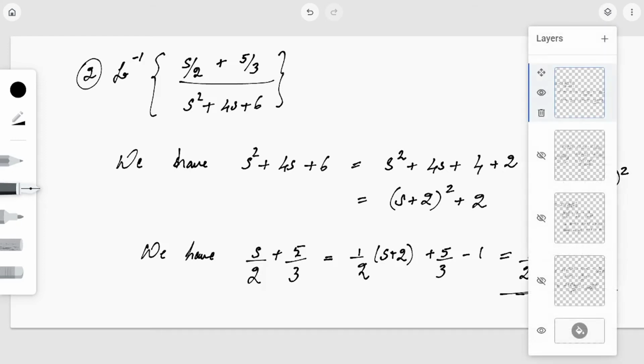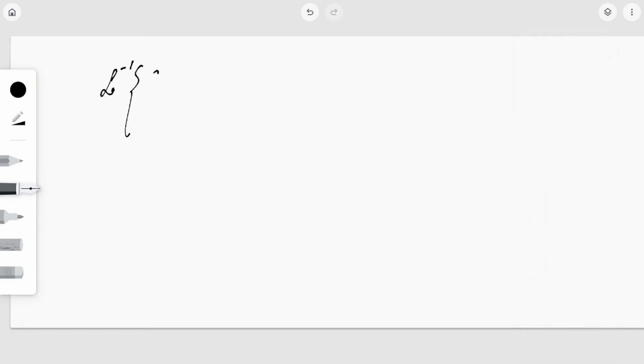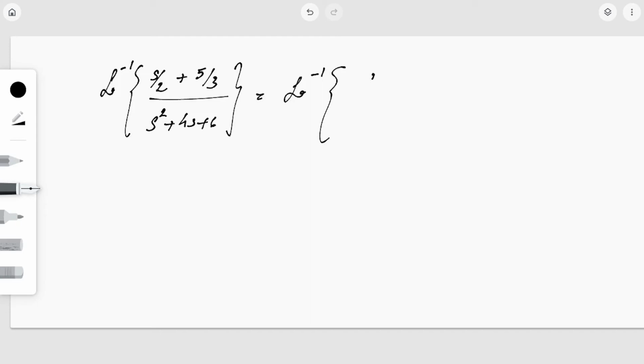So we are asked to determine L inverse of s by 2 plus 5 by 3 whole divided by s square plus 4s plus 6. This we have converted into the form 1 by 2 s plus 2 plus our 2 by 3 whole divided by s plus 2 whole square plus 2, right?